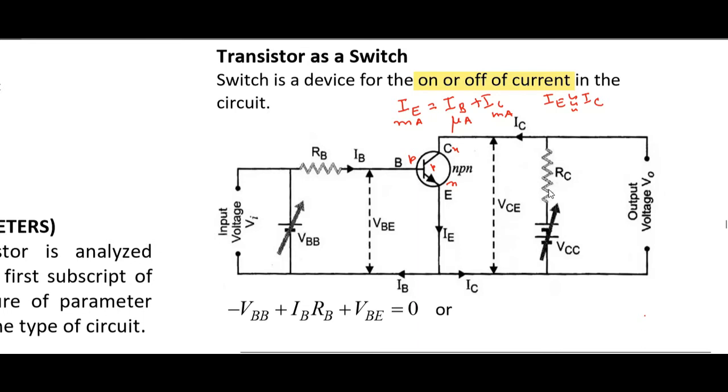There is a voltage drop across this resistance, and we measure the output voltage across these two terminals, which is VCE. Here output voltage is measured. And IE is the emitter current. Base current flows in this direction and IC flows in this direction.